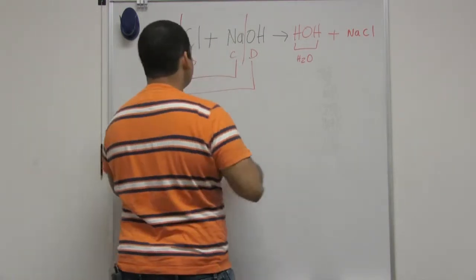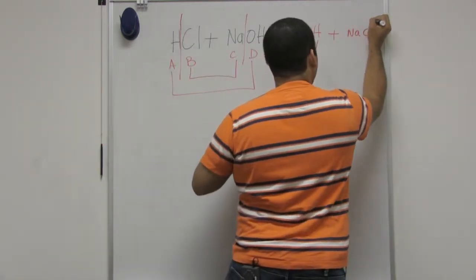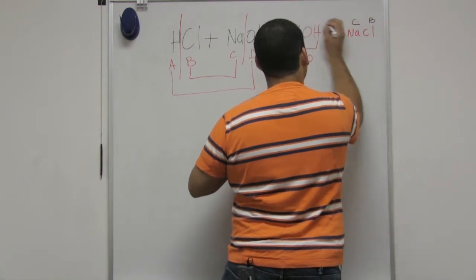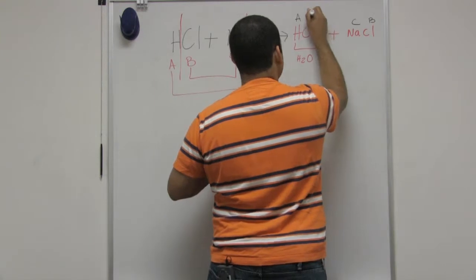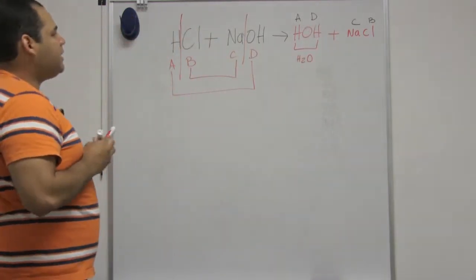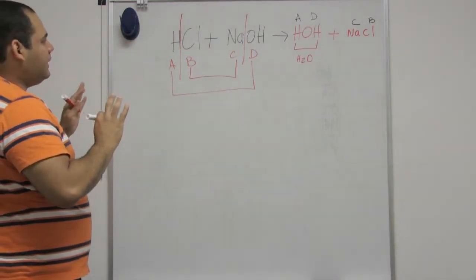In other words, this is A, D. Okay, B combined with C, Na combined with D.